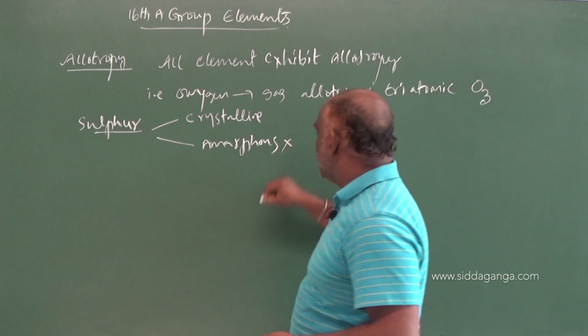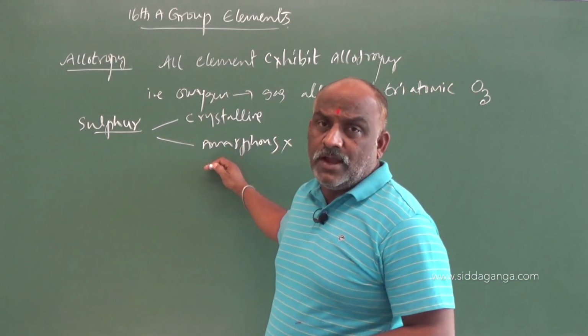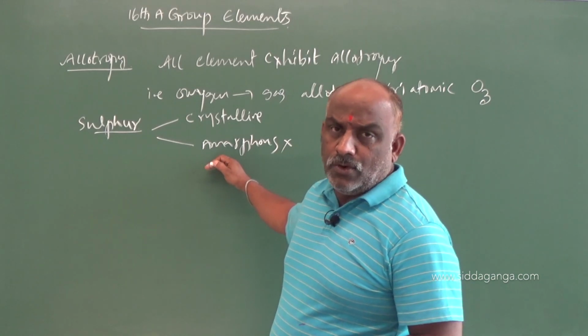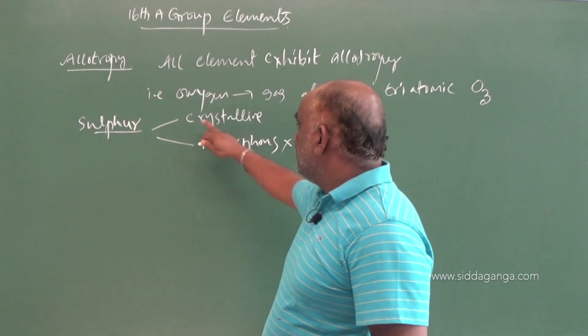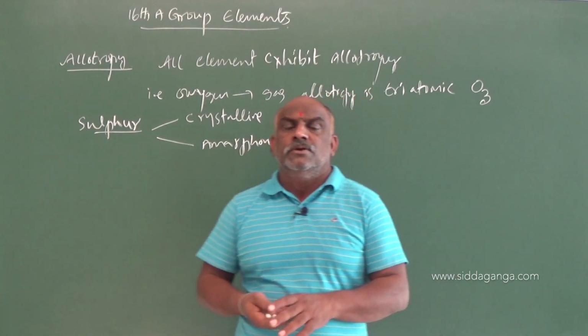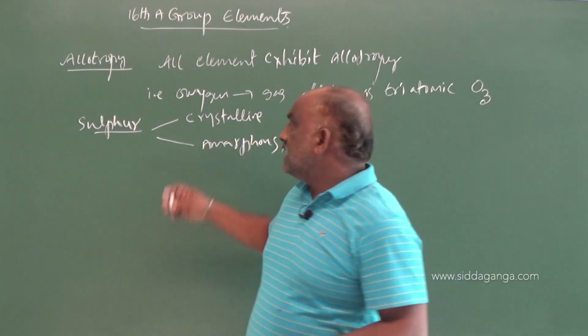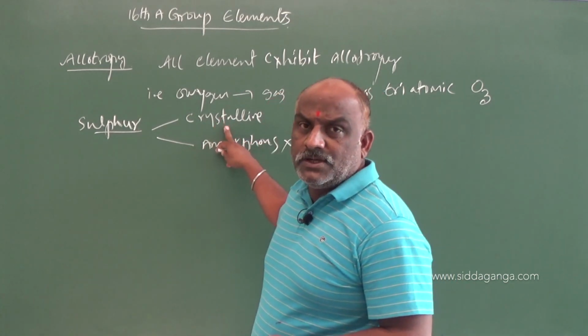Amorphous was not in the syllabus, but what the amorphous form is, we have to know later. So here sulfur exhibits two types of allotropes. One is a crystalline form, second one is amorphous form. In crystalline, two types of allotropes are there.